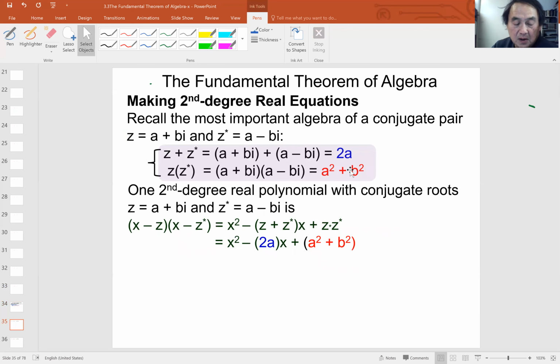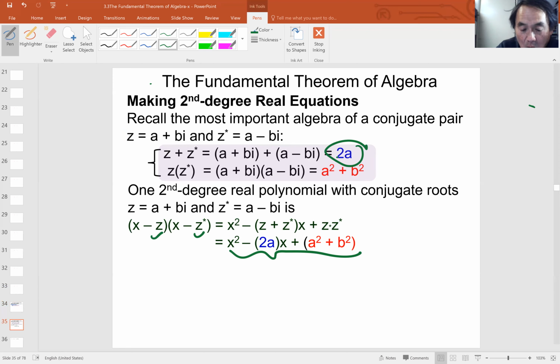So if I have two conjugate roots, z and z prime, and I multiply them out expanded, then this 2a goes in as the coefficient in front of the x, and a squared plus b squared is the constant term. So this gives us a concrete way of constructing a second degree polynomial.